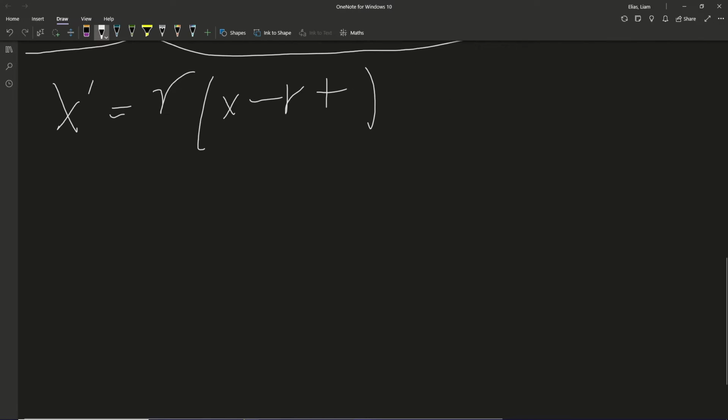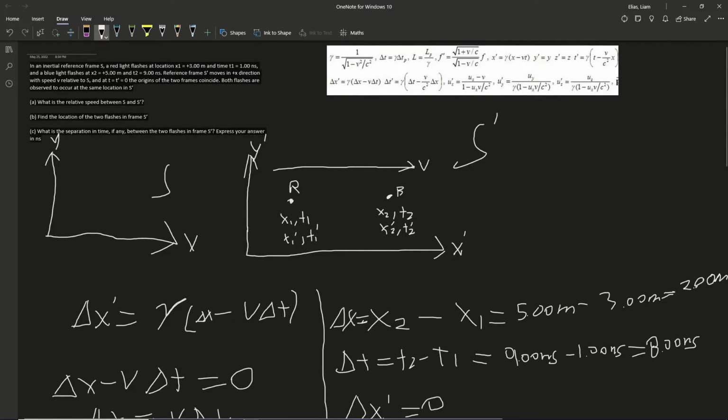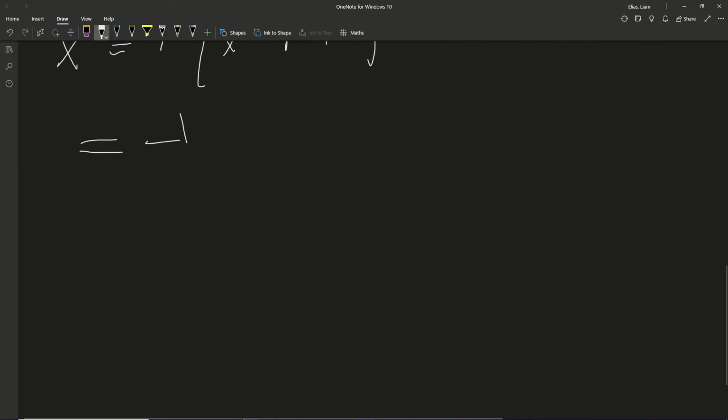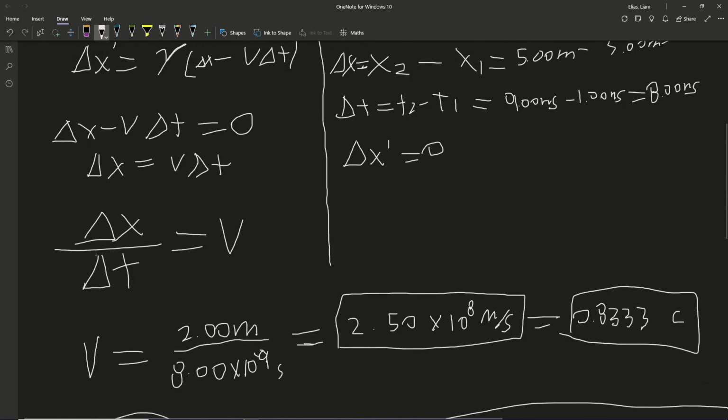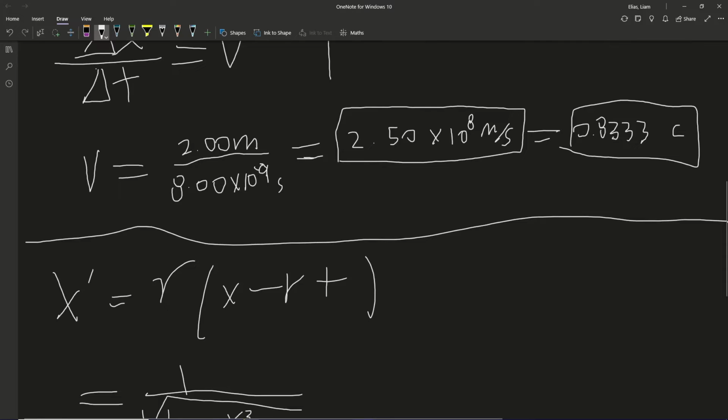From here we can write out what lambda is. Lambda is just equal to this value here: 1 over root 1 minus v squared over c squared. And if you remember earlier when I calculated this value here, I told you I got it by dividing v by the speed of light.